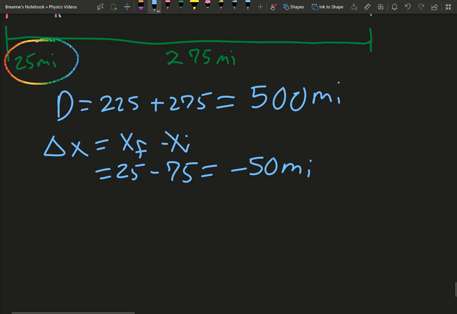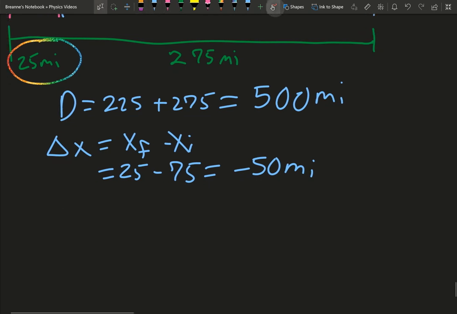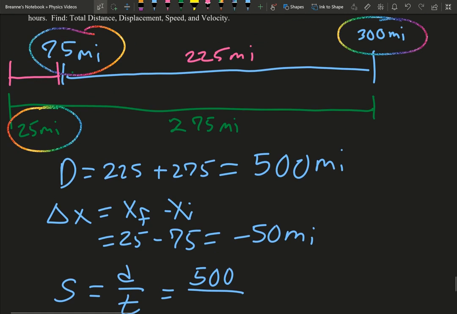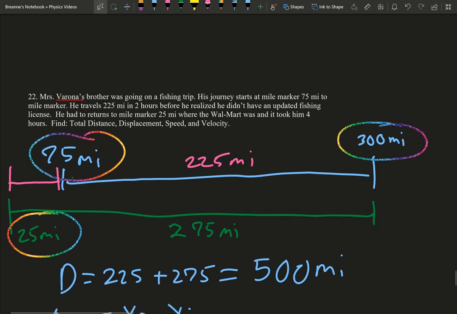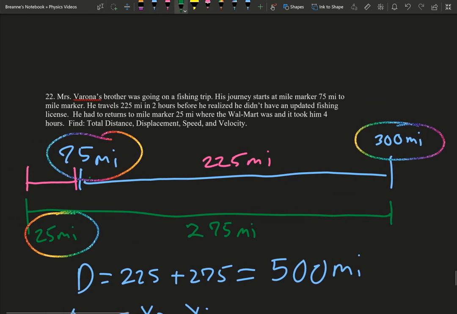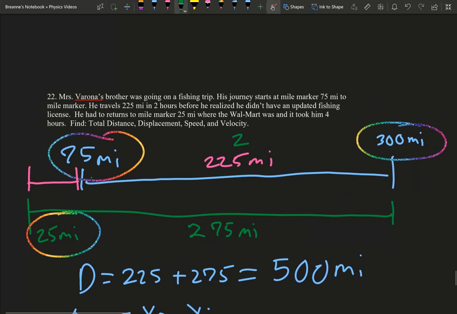For speed, remember, it's just distance divided by time. So you would do the 500. Now we have to go back up and see his total time. It took him 2 hours the first time, and then 4 hours the second time.